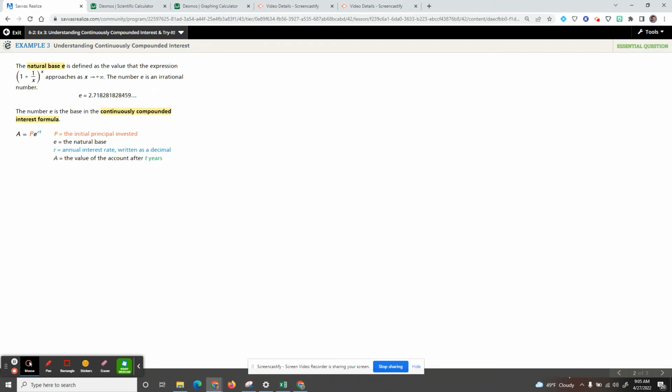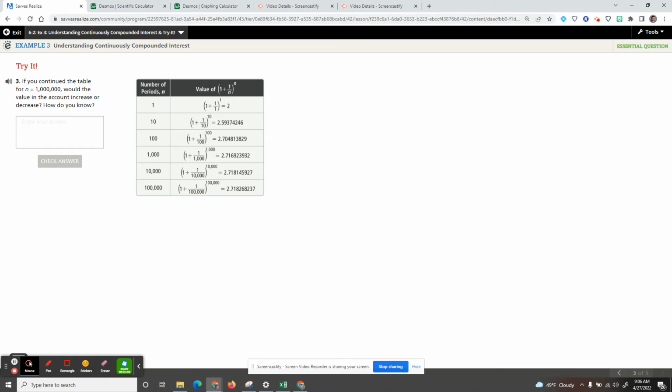E is on your calculator, and we can talk about that in class if you have questions about how to use your calculator there. A is the amount of money that you're going to have in your account after T amount of years. T is the amount of years, and then R is the interest rate. So it's a similar formula, but you're using E. All right, and again, you can pull E off your calculator.